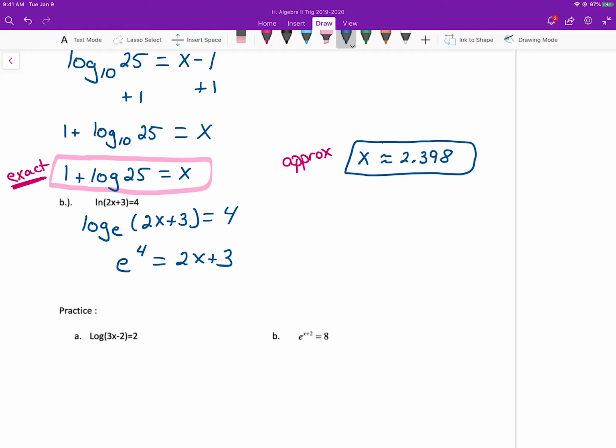Now to solve for x, I subtract 3: e to the 4th power minus 3 equals 2x, and now I can divide by 2. So x equals e to the fourth minus 3, divided by 2. That would be my exact answer.